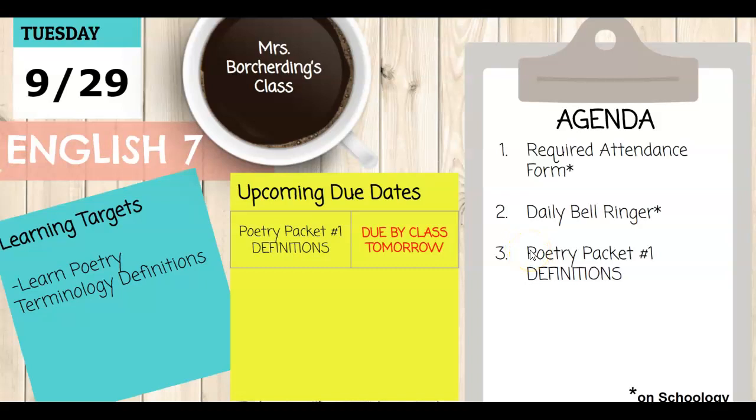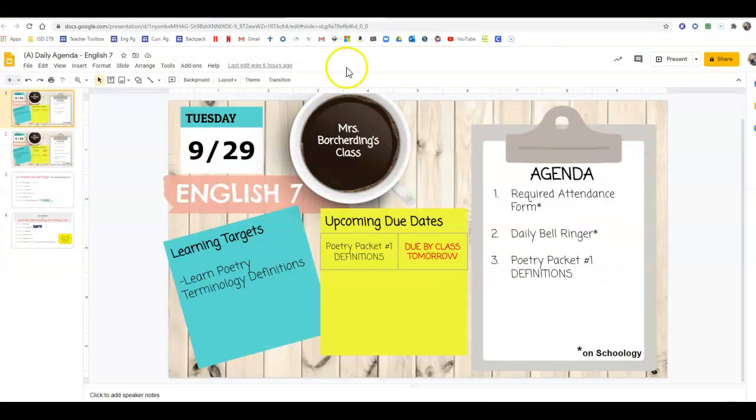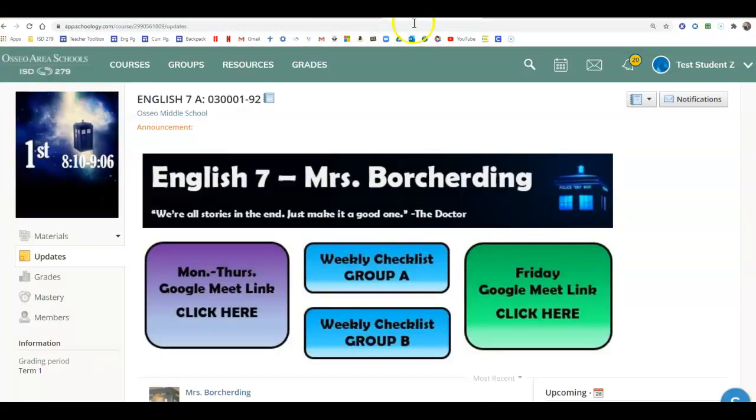So I'm going to bop over to our Schoology course. And you may notice the middle button looks a little different because now I have a group A and a group B. Now, we will probably not use the purple button unless we end up back on full-time distance learning.